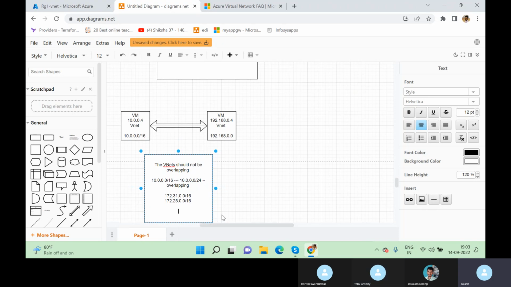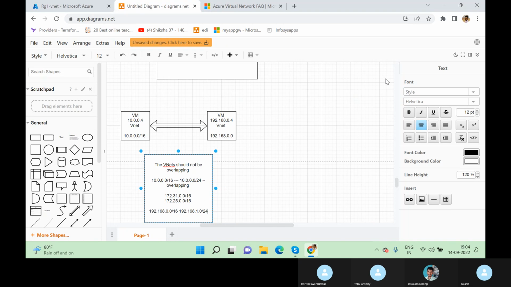Okay, one more example: 192.168.0.0/16, and 192.168.1.0/24. Overlapping or not?